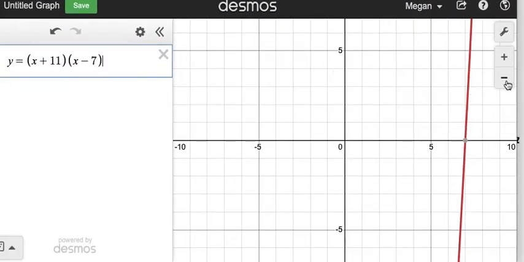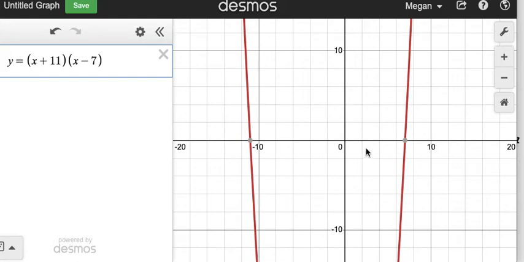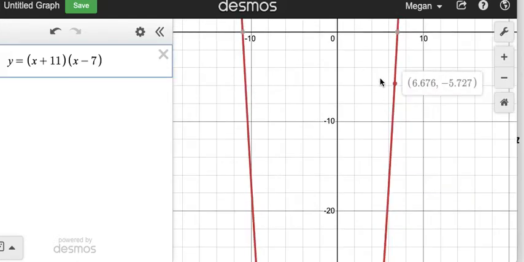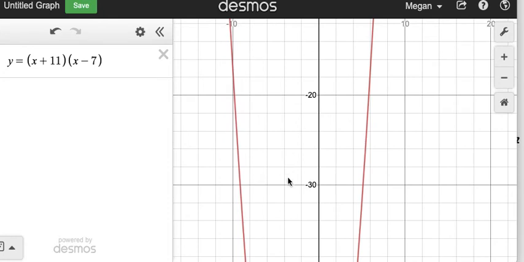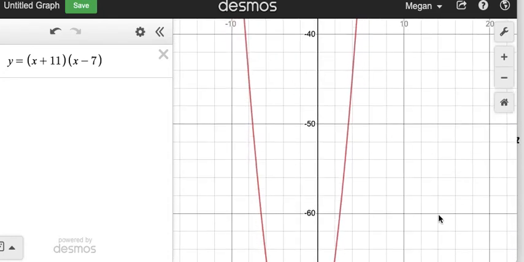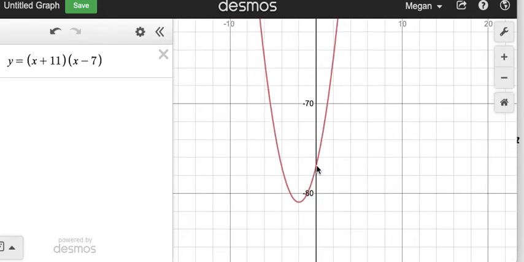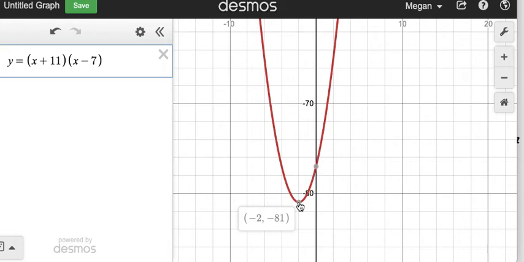I need to zoom out a little bit, or I can change the window, or I can move the graph just by kind of pulling things like this. So looking at my graph, I see my x-intercepts here. We have one at 7, 0, and one at negative 11, 0, which matches what I thought. And then I'm going to go down here, all the way down here. I see I have my y-intercept, 0, negative 77, that's what I put, and negative 2, negative 81, that's what I got for the vertex, so it matches.